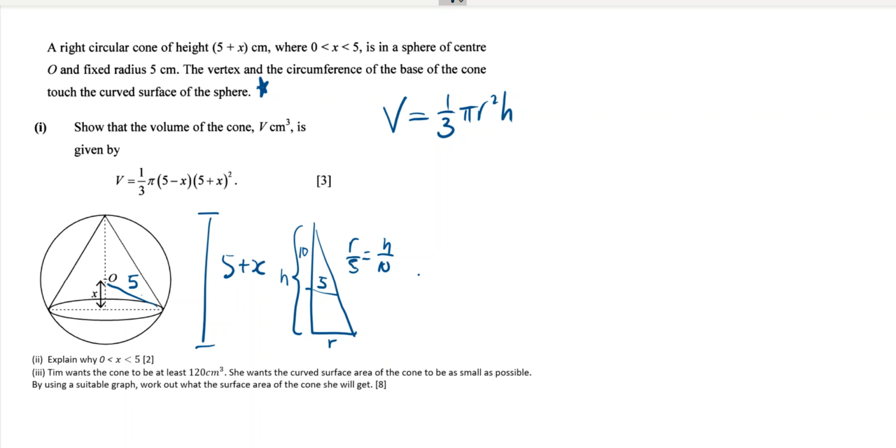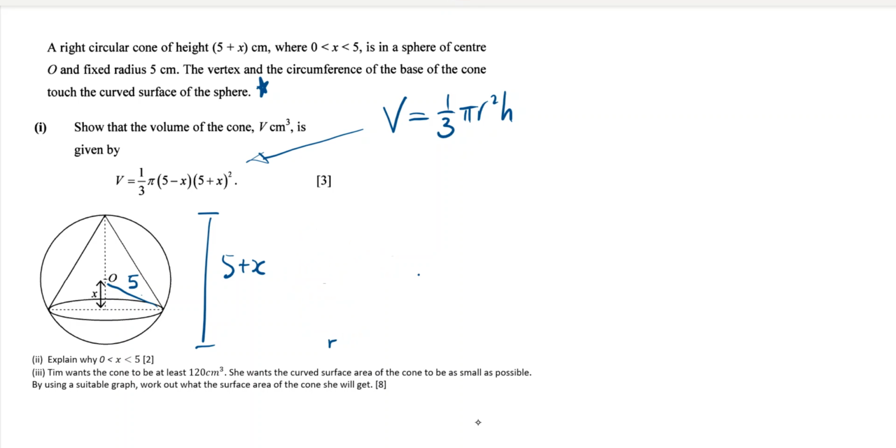Because if you look at this formula over here, there's only x, there's no h or r, only one variable. Whereas in a cone, you usually have 2 variables, an r and an h. This is just a little bit of digression.